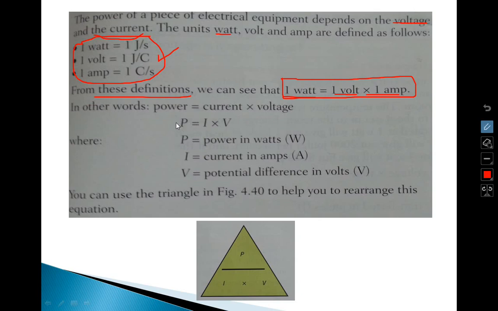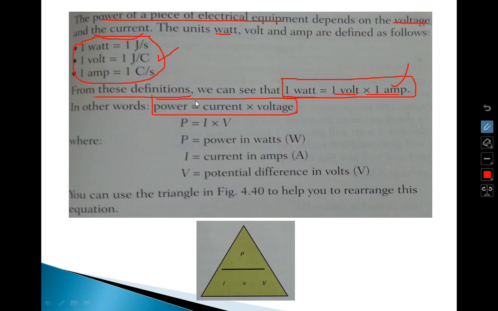So what's the formula of this? The power of any electrical equipment is equal to current times voltage.